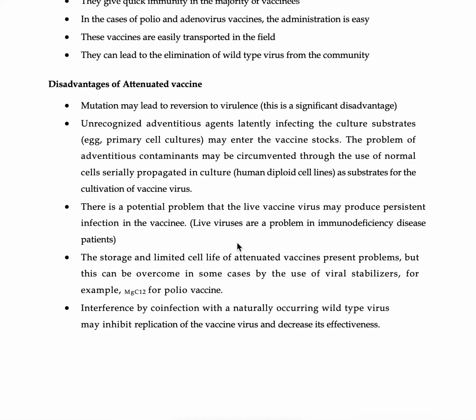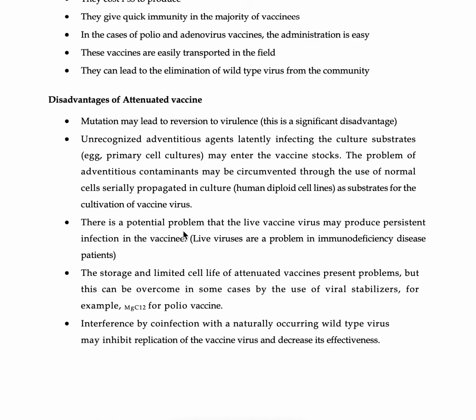Another disadvantage is the potential problem that the live vaccine virus may produce persistent infection in the vaccine recipient. And also live viruses are a problem in immunodeficiency disease patients.